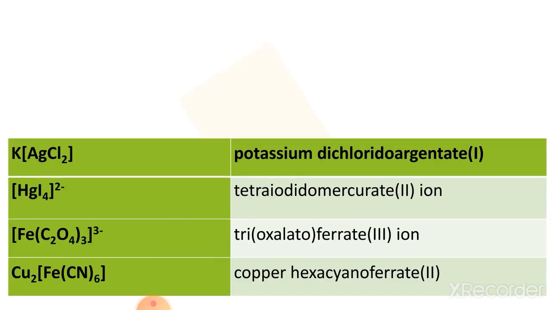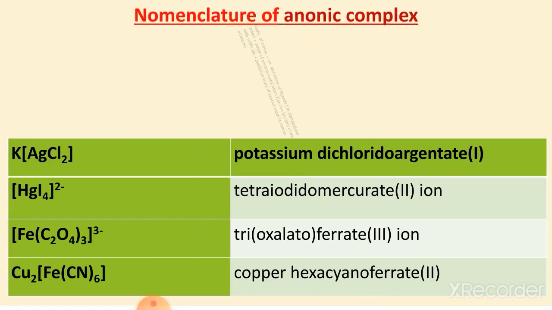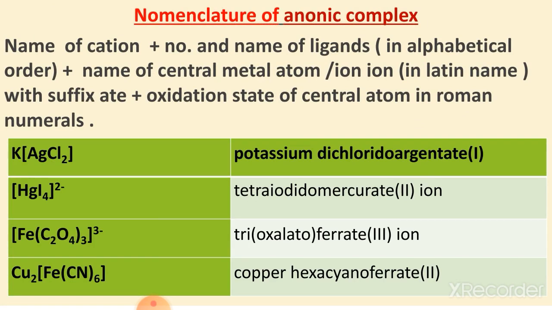So first of all, find out whether the compound is neutral, cationic or anionic. Now dear students, let us focus on the nomenclature of the anionic complex. First of all, the name of the cation, then the number and names of ligands in alphabetical order as in cationic and neutral complexes, and then the name of the metal atom or ion in its Latin name, or the common name, with the suffix ate, plus the oxidation state of the central atom in Roman numerals.